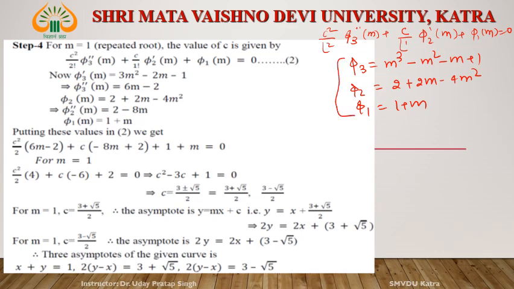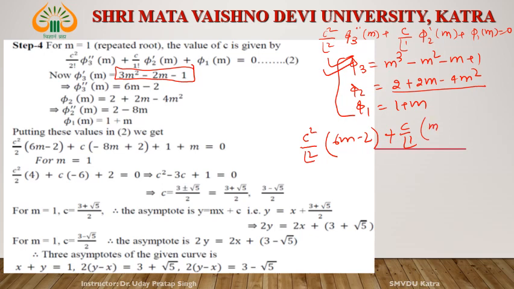Differentiating and putting all the values here, we obtain c²/2! times the double derivative of φ₃, right? The first derivative is 3m² − 2m − 1, and the double derivative is 6m − 2, plus c/1! φ₂', differentiating this, that is 2 − 8m, plus 1 + m equal to 0.